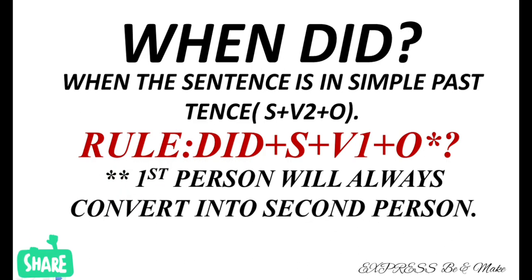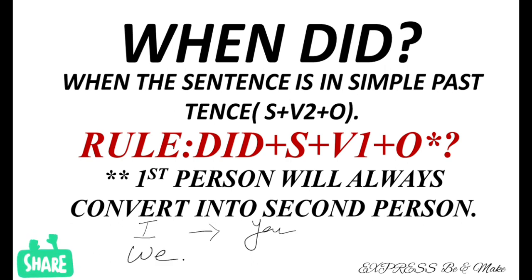Okay, and the rule that I say to you, that one mystery that I will solve, the mystery is this. Sometimes it can be seen that first person will always convert into second person. That means if in the question there is I, it will be you. If in the question it is I, you should write you.